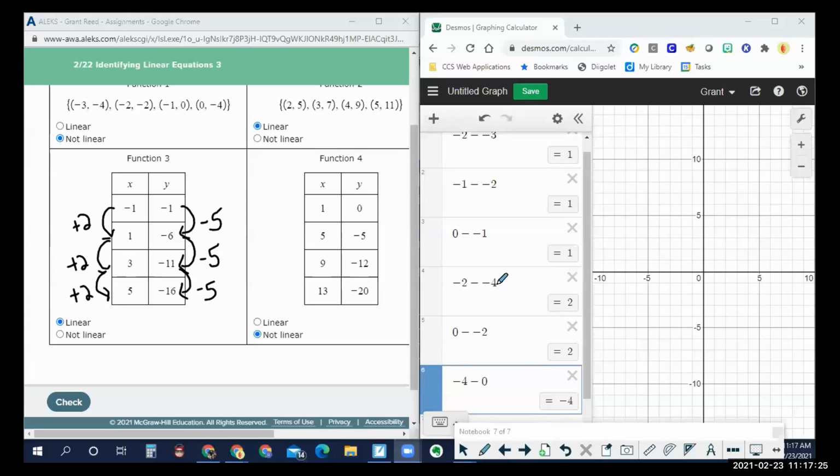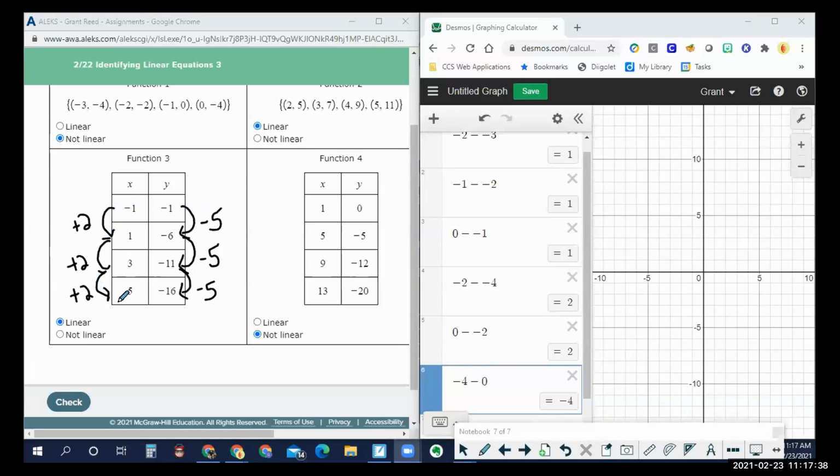Here you go. Let me share my screen again, and maybe it'll make it a little more understandable. Can you see my screen at the moment? Yes, sir. So these were the X values as we went from this first point to the next one. This X value changed by 2.